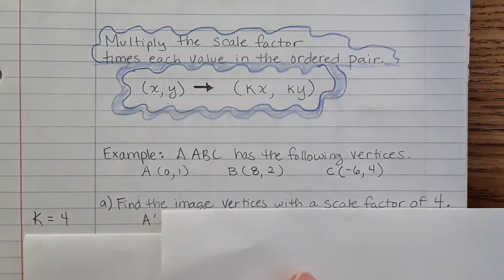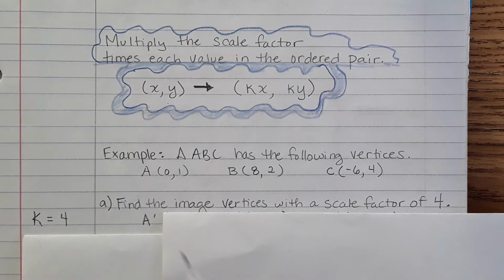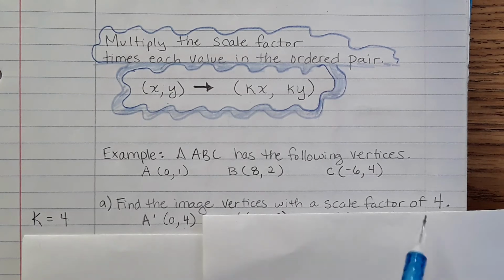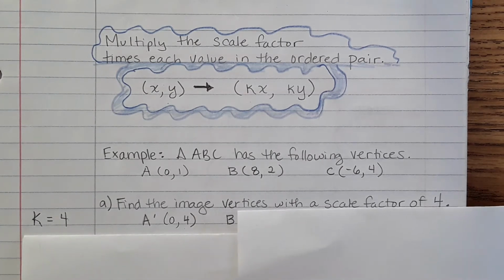So A prime, remember you're multiplying the scale factor times each value. 4 times 0 is 0. 4 times 1 is 4. And we can see that it does get larger when you multiply by a number greater than 1.